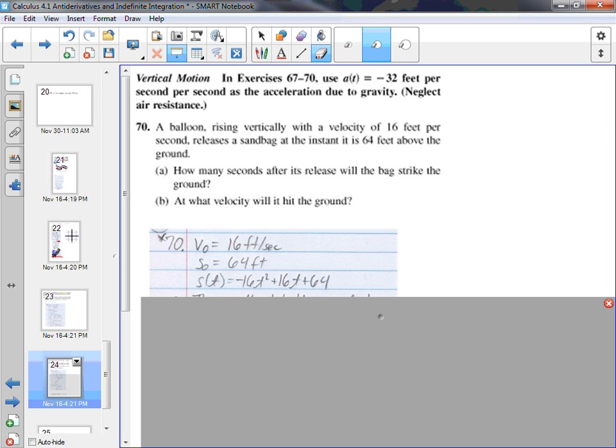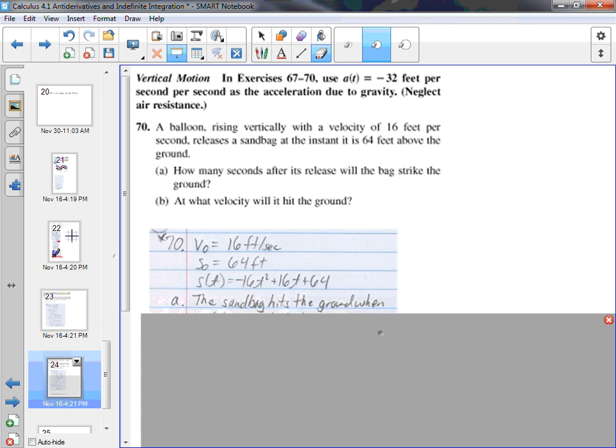First question, how many seconds after its release will the bag strike the ground? How high off the ground is the bag when it strikes the ground? No high. It's 0, right? It's 0 feet off the ground when it hits the ground. So we need to know when the position equals 0.